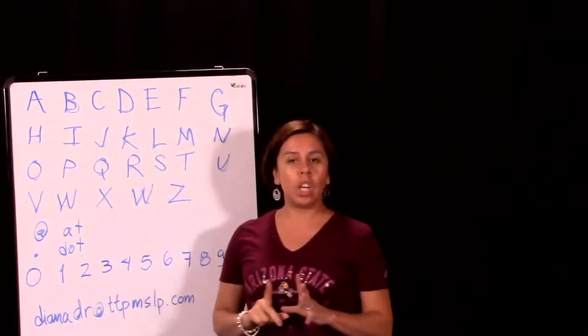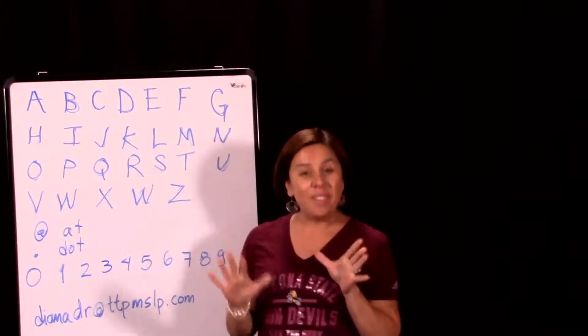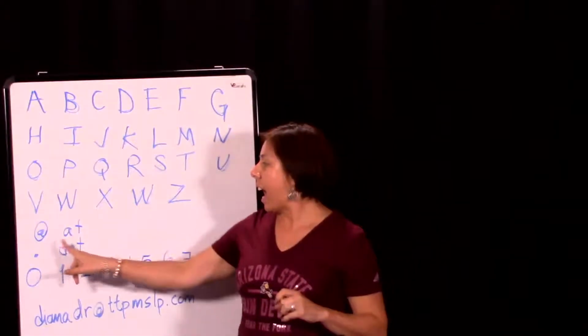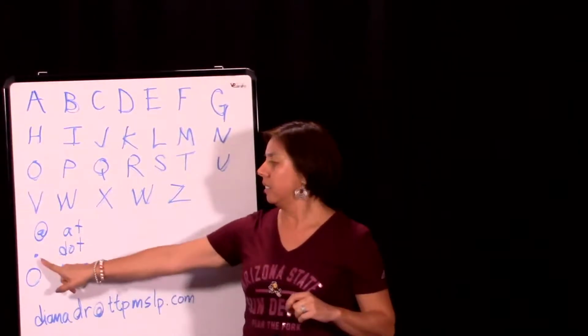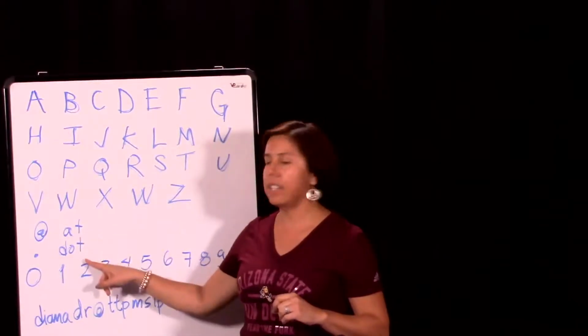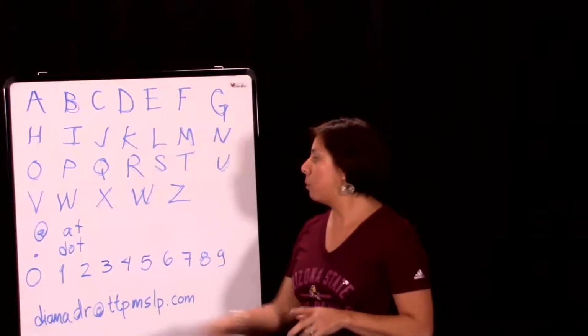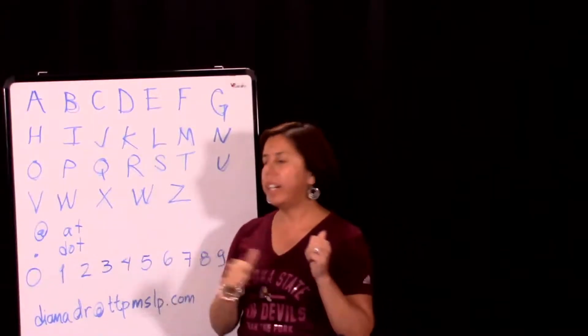Okay, so now let's add some more symbols. When we talk about email addresses, we have at, so we call this symbol at, and dot. Okay, so now we have at and dot. Repeat after me. At, okay, dot. Very good.